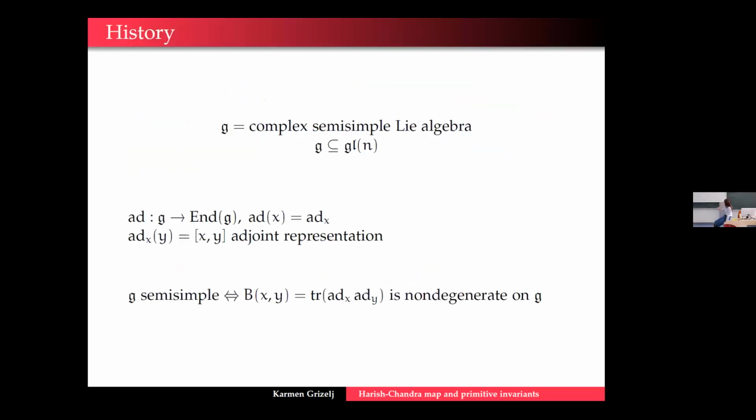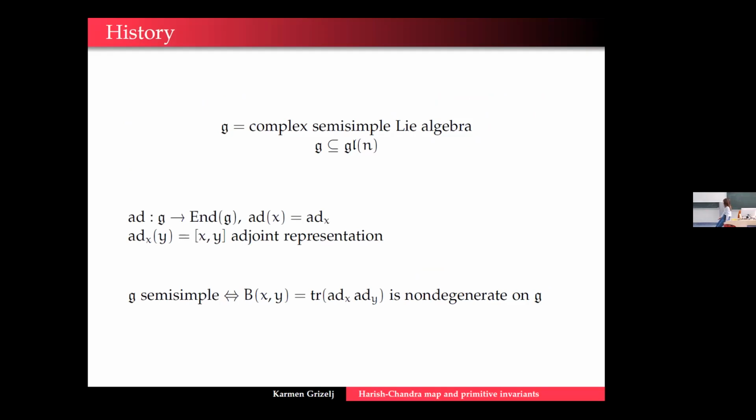So we start with a complex semi-simple Lie algebra. That's something that has been done a few decades ago, so it's a bit old, but it will give us motivation for what we are doing.